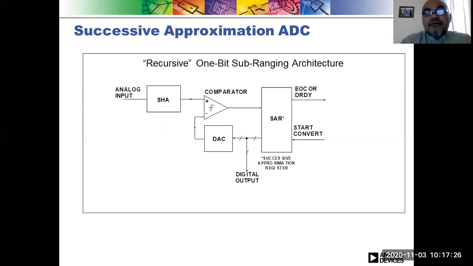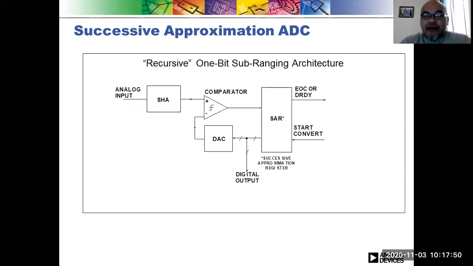It approaches from the most significant bit, which is the leftmost bit, then approaches towards the least significant bit, slowly getting as close as possible to the analog value.